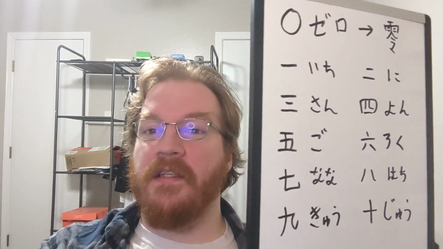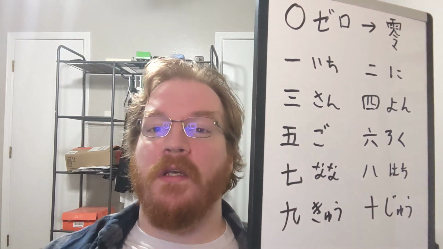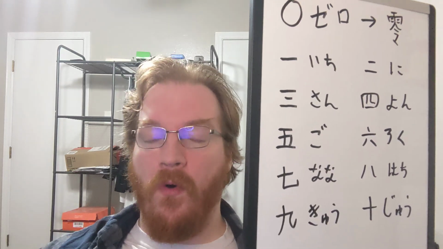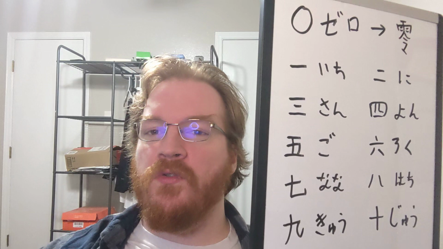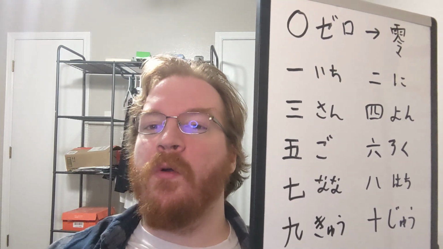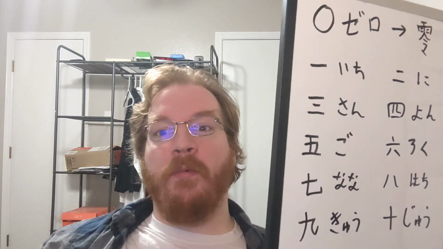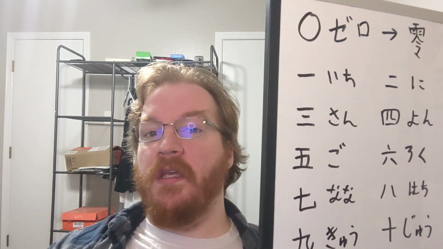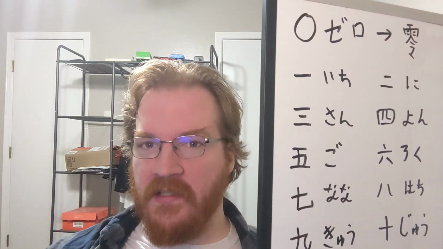And those are said as hitotsu, futatsu, mitsu, yotsu, itsutsu, mutsu, nanatsu, yatsu, kokonotsu, to. Those numbers we'll talk about later, because those will be associated with what are called counters. Counters are simply words that represent countable objects or ideas. So when we get to talking about that, then I'll explain more what that is about.